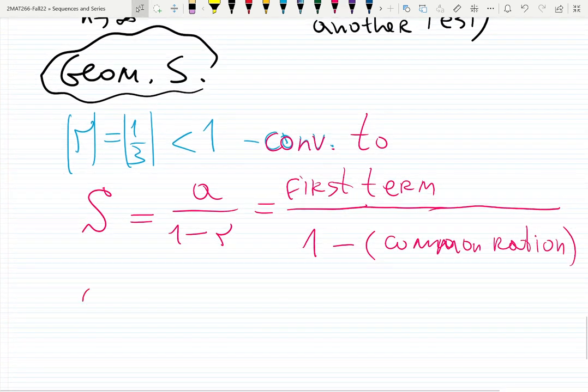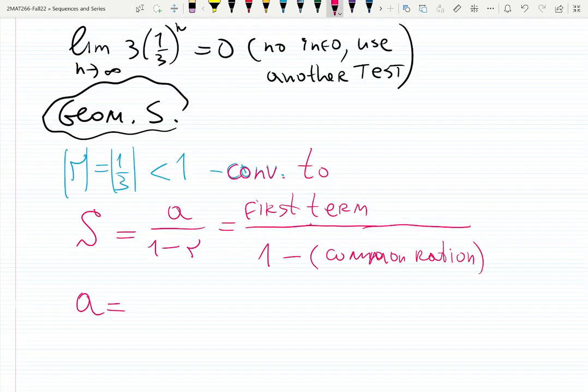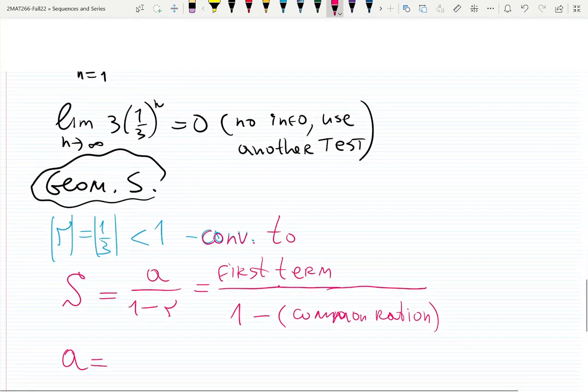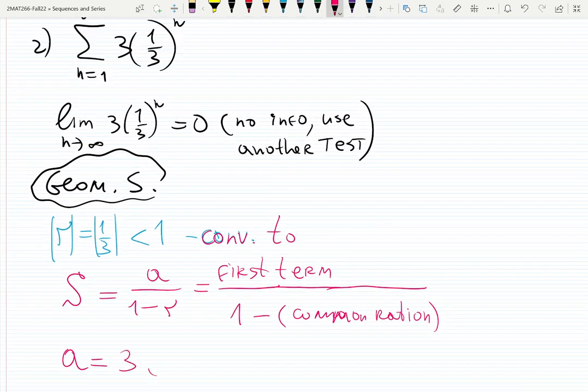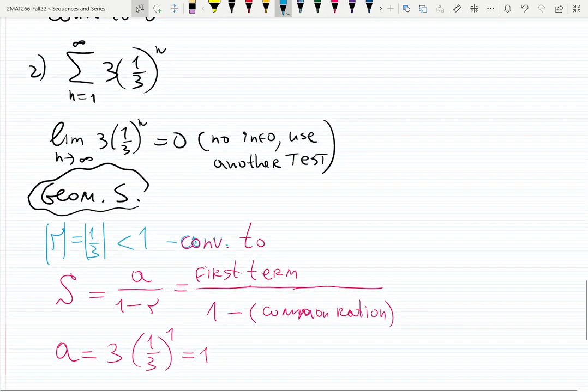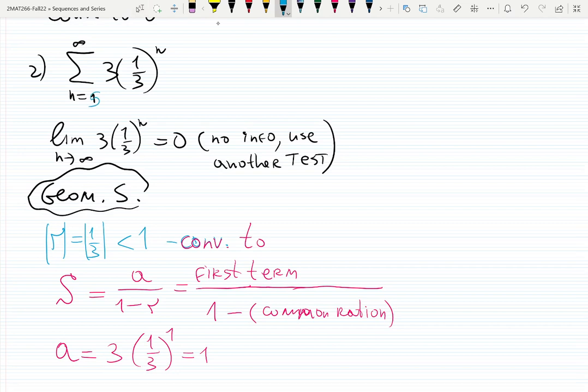So what is your a? A is not 3. It's the first term when you plug in 1: 3 times 1/3 to the 1. So actually, it is 1. Be careful with that. I can also change n to start from 5. Then a will be 3 times 1/3 raised to the 5. So be careful. It's not just that number sticking outside. That's not true. It's the first term.